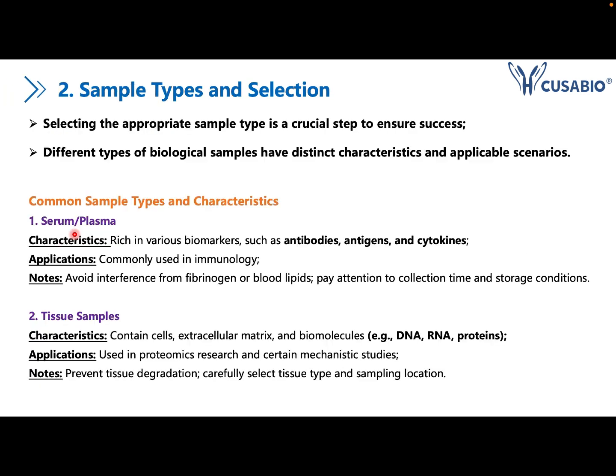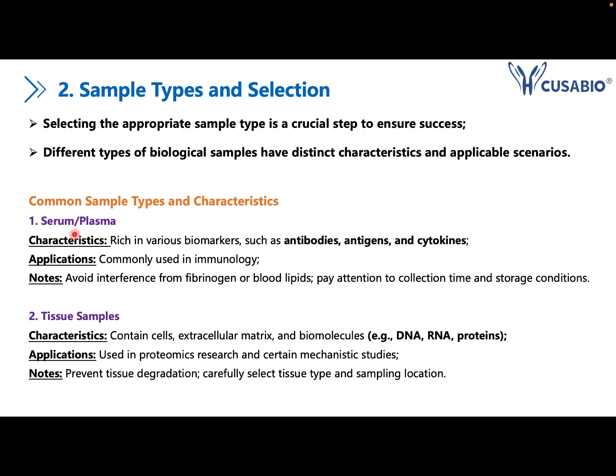For the second part, let's talk about the different sample types and how we can choose the right sample type. Selecting the appropriate sample type is important to ensure success. There are so many different types of biological samples that you can use for ELISA testing.